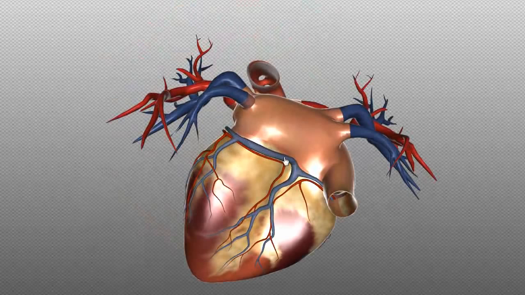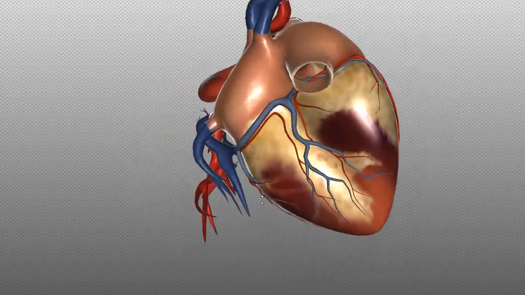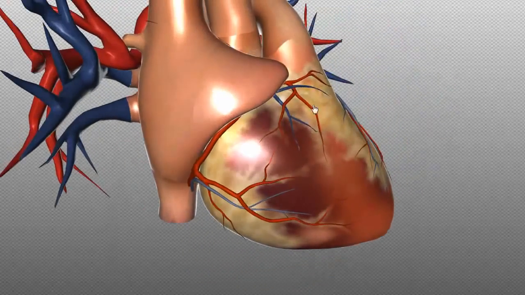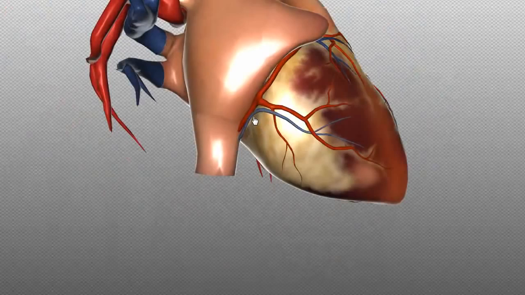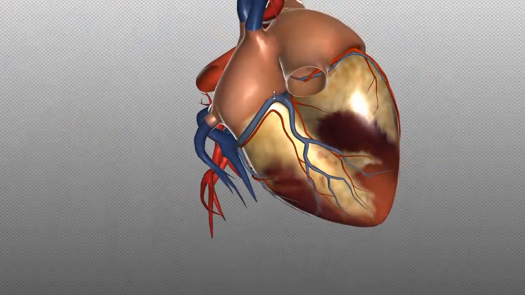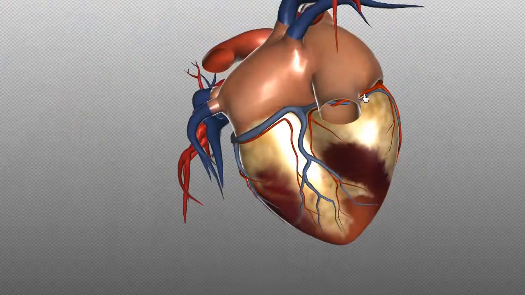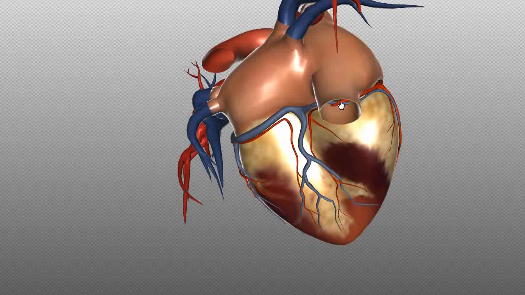So this is the posterior cardiac vein. And then on the right side of the heart, you've got the small cardiac vein. So this thin little vein here running in the coronary sulcus is called the small cardiac vein, and that runs between the right atrium and the right ventricle.